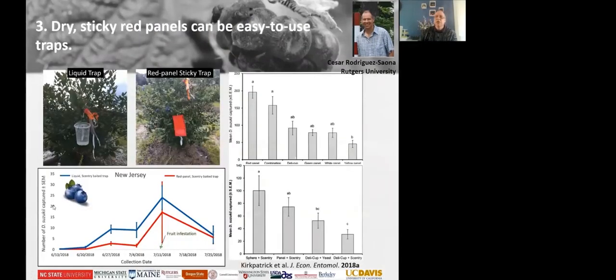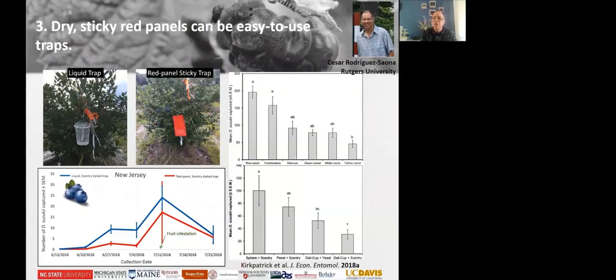To make traps easier to use, we have tested the efficacy of red panels to capture SWD instead of using the standard liquid traps. In a study in Michigan in cherries, red panel traps were better at capturing SWD than the liquid traps. In New Jersey blueberries, red traps and liquid traps captured the first SWD before fruit infestation, thus providing similar early warning.